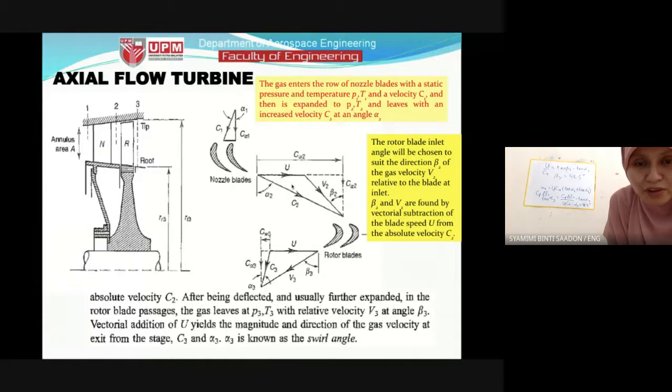So the absolute velocity combined with the rotational speed gives us the relative velocity V or W here. Beta is the angle between the relative velocity and this axis line.